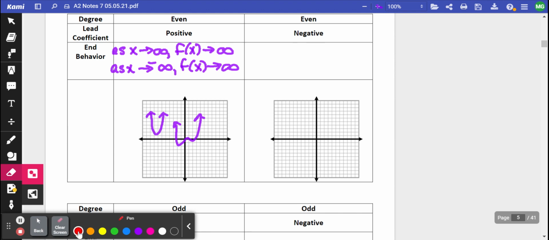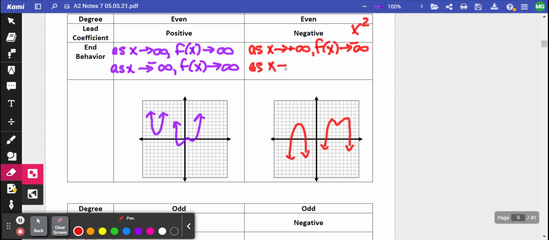Okay. In terms of an even degree polynomial, so again, think of y equals x squared. If we have a negative lead coefficient, it's going to look like this. Or if it was fourth degree, it would have an extra little bump in there, an extra little turn. So both are going to negative infinity. So as x approaches infinity, we usually do that one first, f of x approaches negative infinity, sorry.